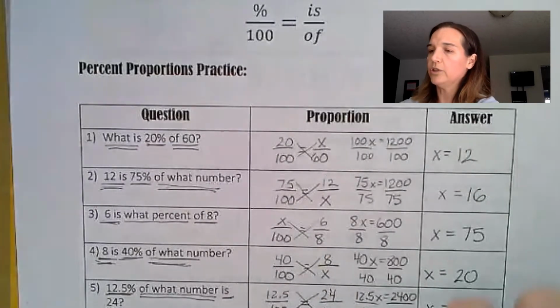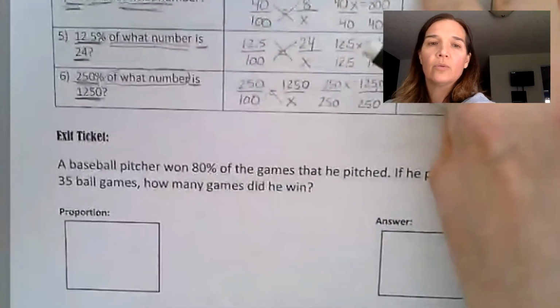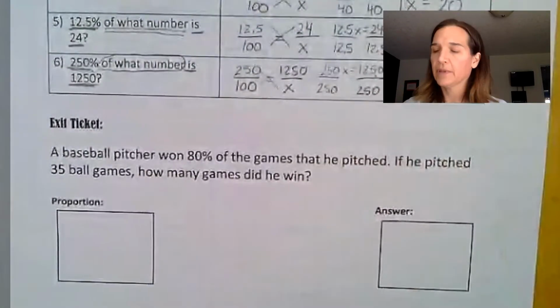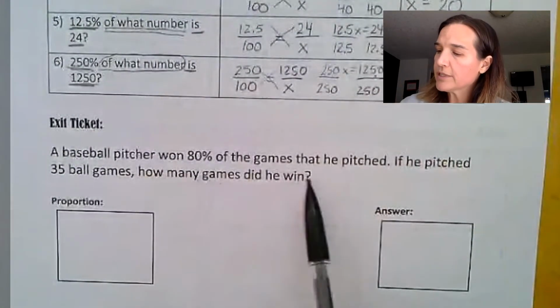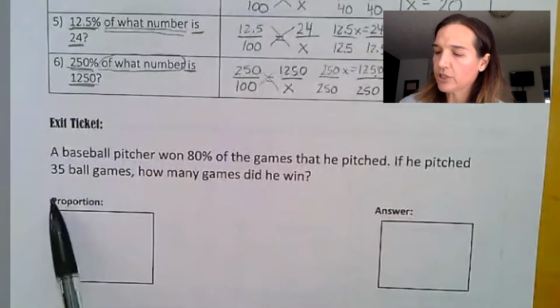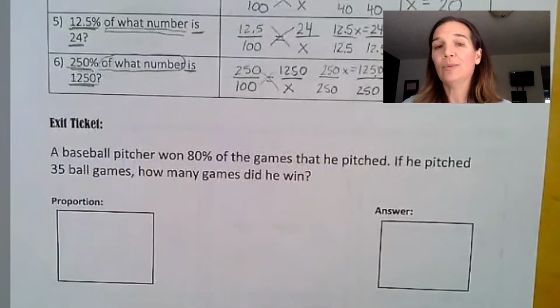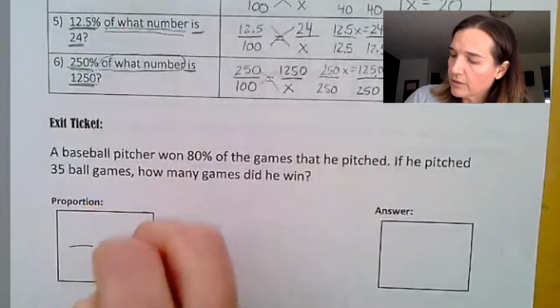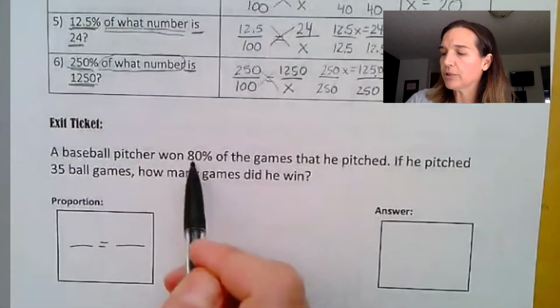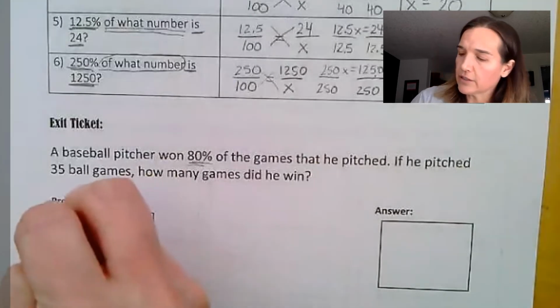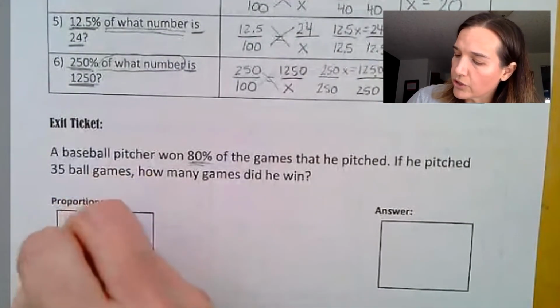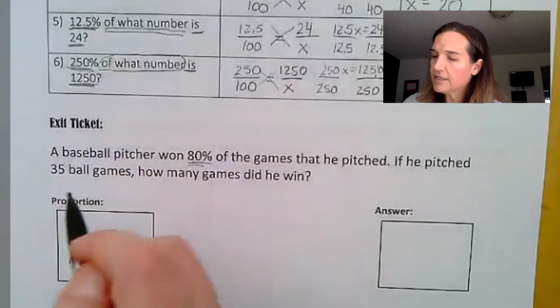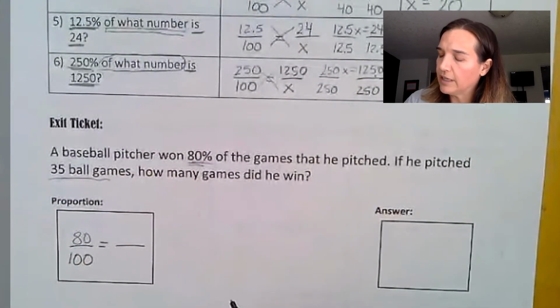And we're going to use one last piece where we have a baseball game here. A baseball pitcher won 80% of the games that he pitched. If he pitched 35 ball games, how many games did he win? Well, I'm going to start out with my proportion. And I see the percent right away. That's always the easiest. I'm going to put 80 over 100. Then it says he pitched 35 games.